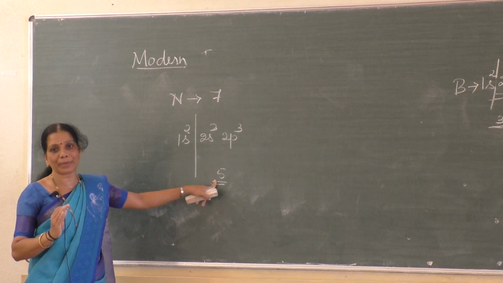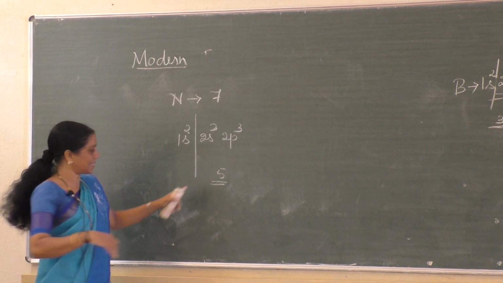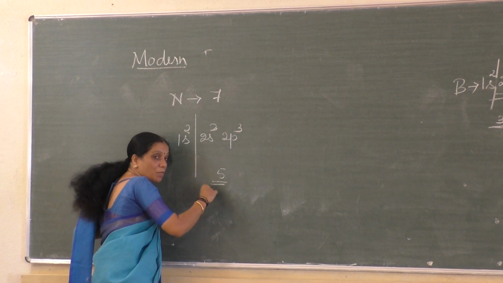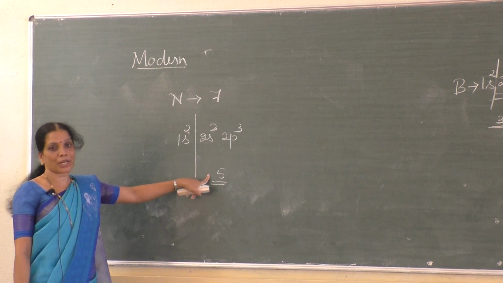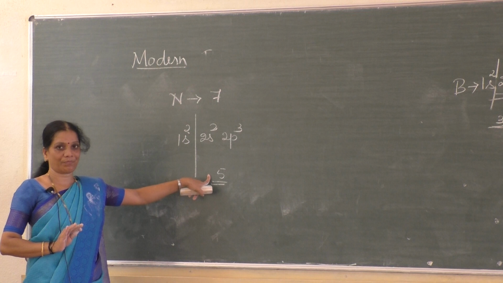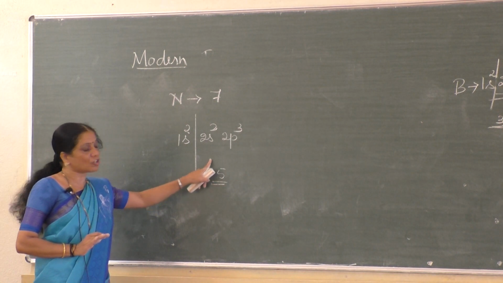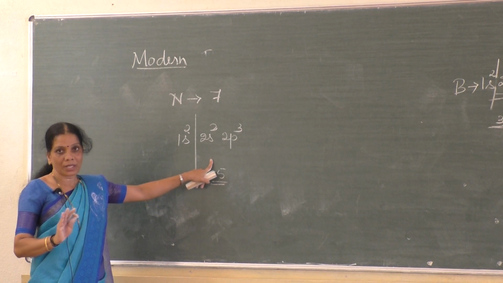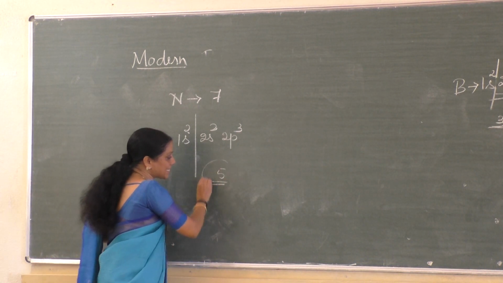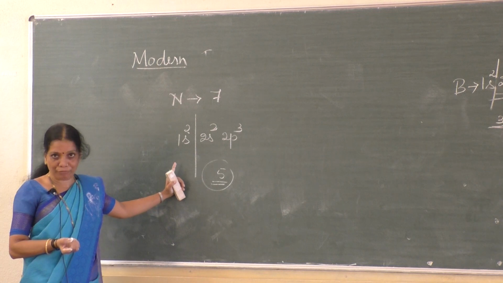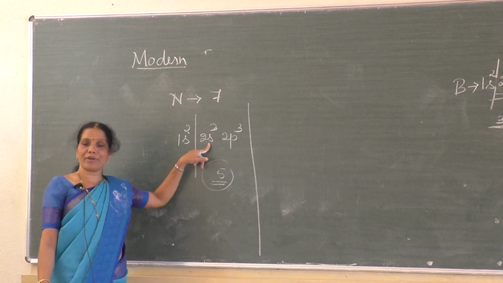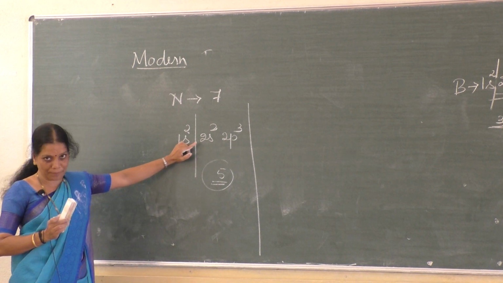Up to 4, the valency goes on increasing. If the number of valence electrons is more than 4, the number of valence electrons doesn't represent valency. Totally 5 electrons are there in the outermost shell.